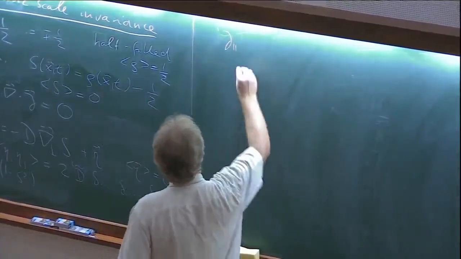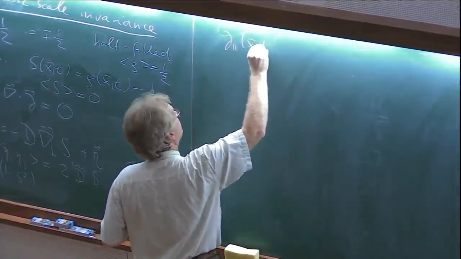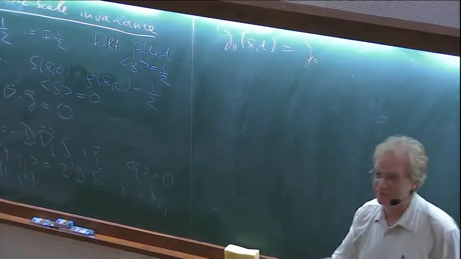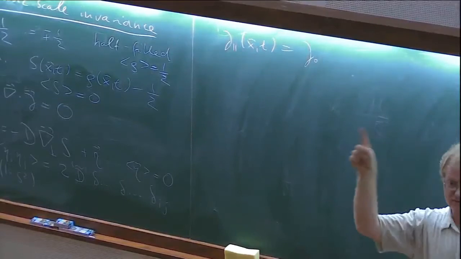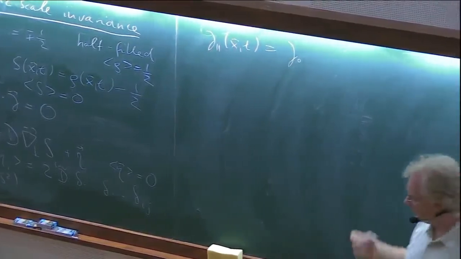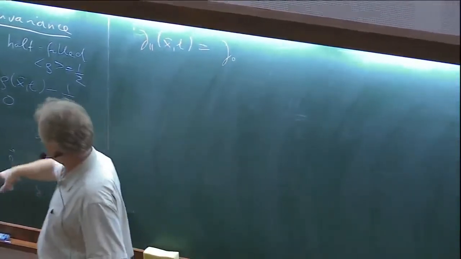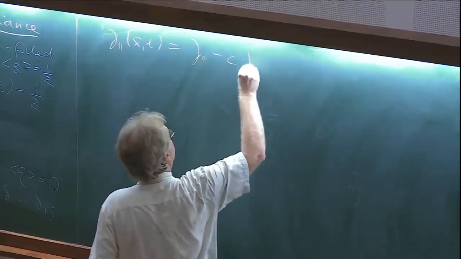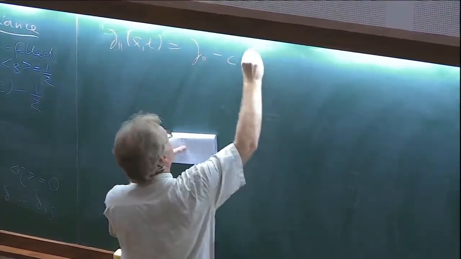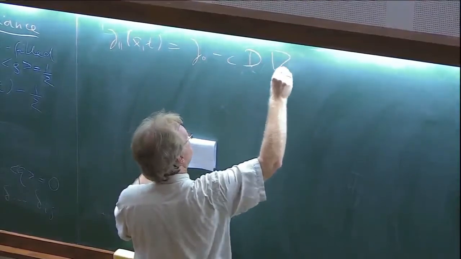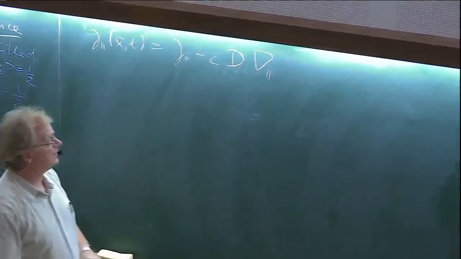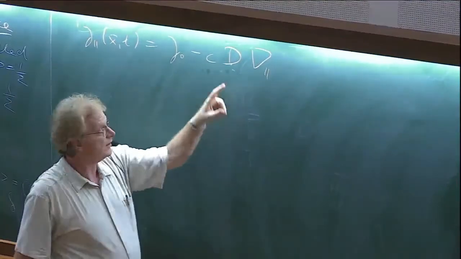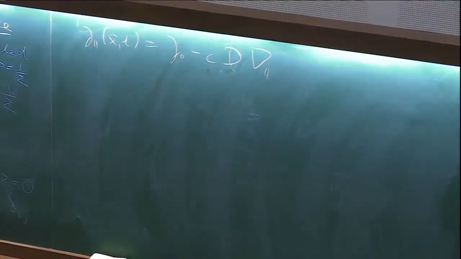So the J parallel of x and t would be this constant, which could also be just the overall current that goes along my loop, right? And it's related to this 1/4, things like that. Then there is a diffusion current with a transverse diffusivity. And because I want to be a little lazy later, instead of writing D parallel, I'll just write c times D, where this D was the transverse one.